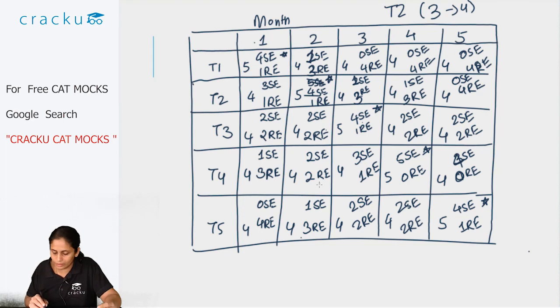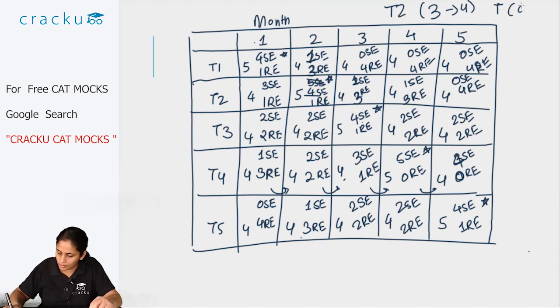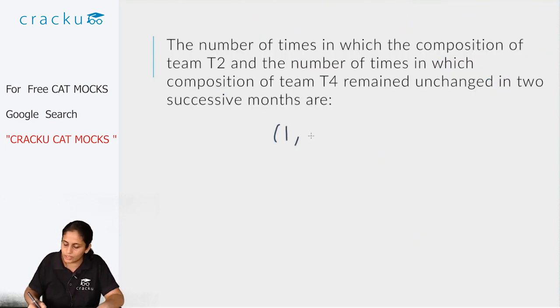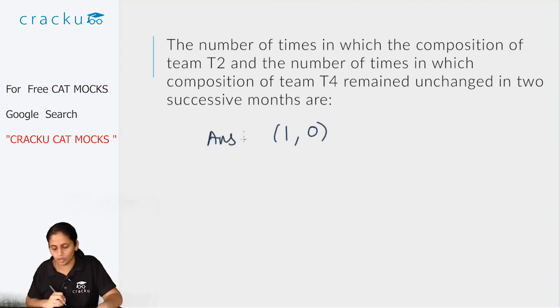For T4, it changes here, here, here, here, and here. So there are 0 months for T4. So for T2 there is 1 month without any change, and for T4 there are 0 months without any change. So the answer is 1, 0.